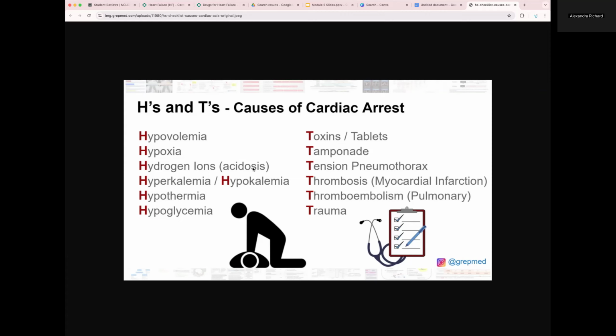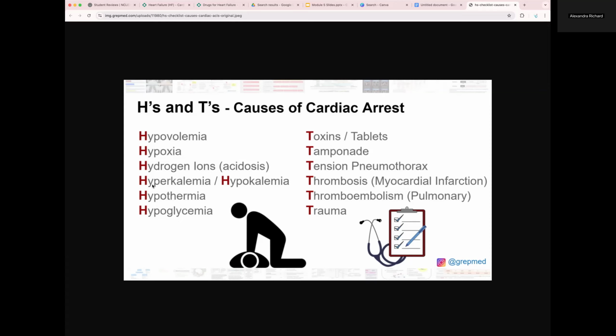To reverse acidosis, we have to give a base. So we gave the patient sodium bicarbonate and they came back to life in 30 seconds. Okay. And then toxins: I was doing a code one time and it was because the patient got too much narcotic. So I gave the patient naloxone. They came back to life in 15 seconds.